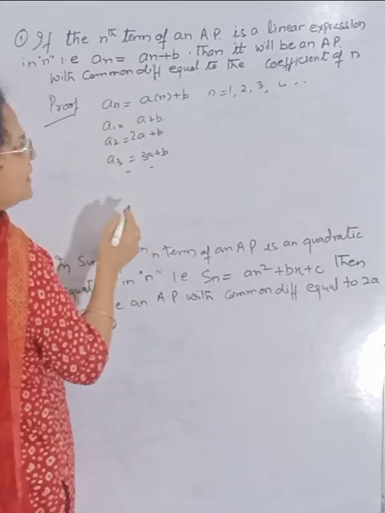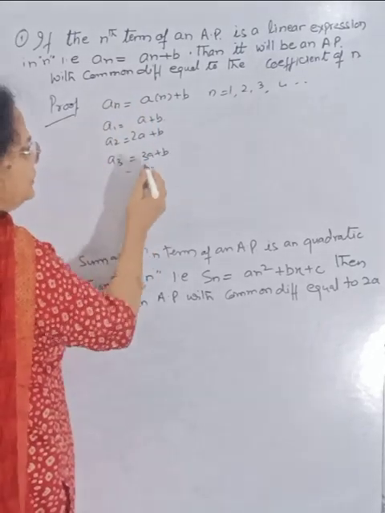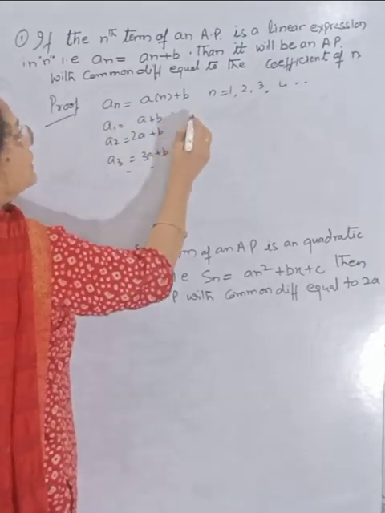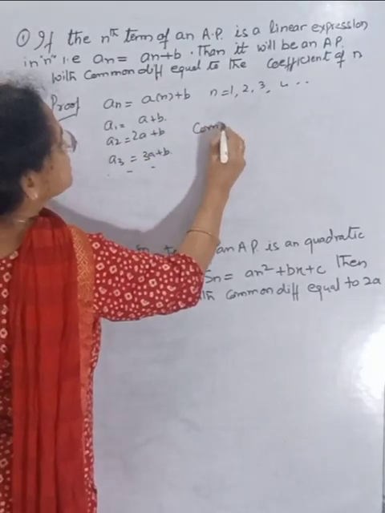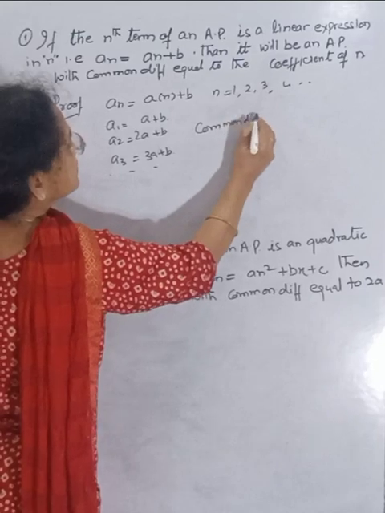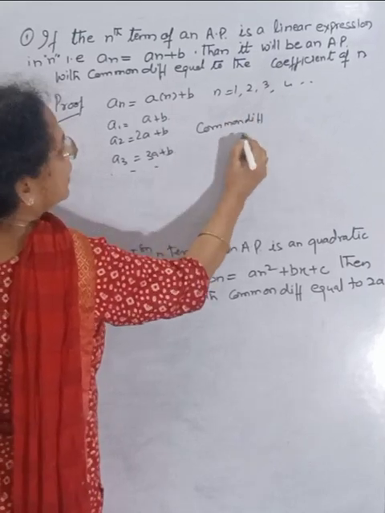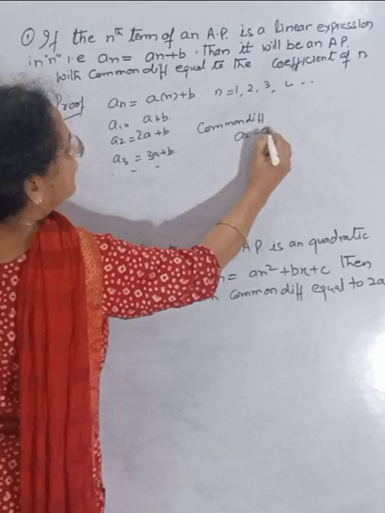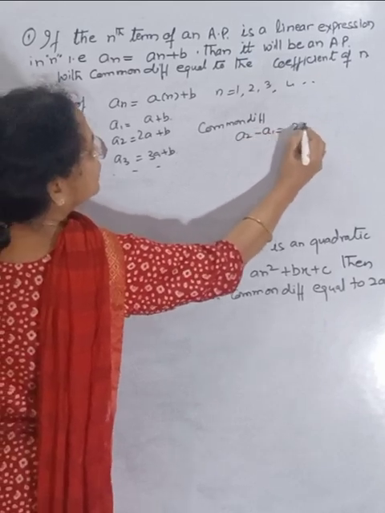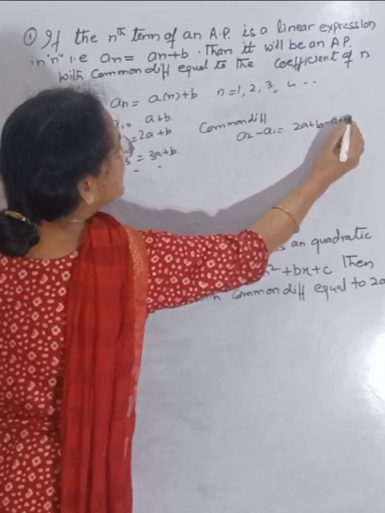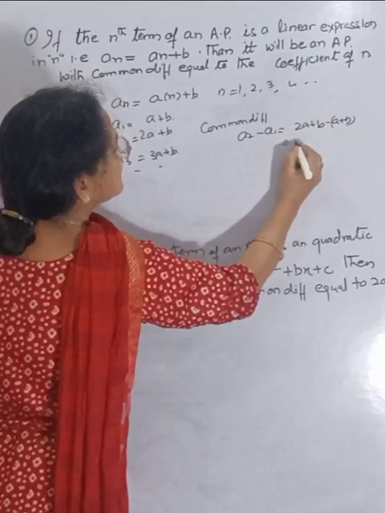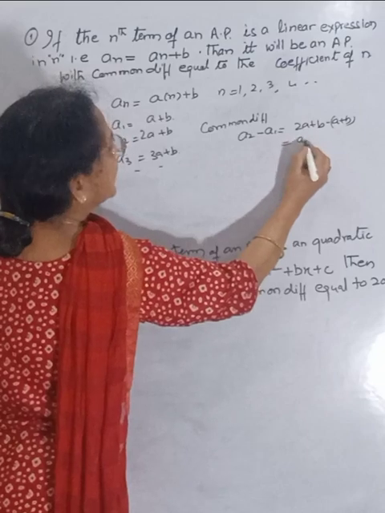Then this is the arithmetical progression. Let us suppose we find the common difference. The common difference will be a2 minus a1, that is 2a plus b minus a plus b, which is only a.